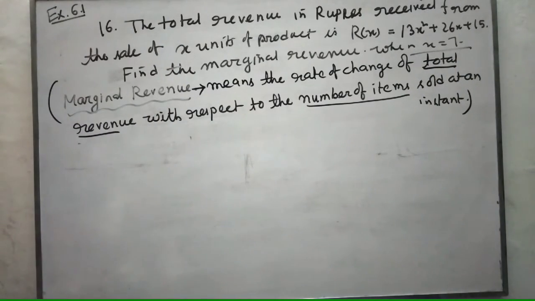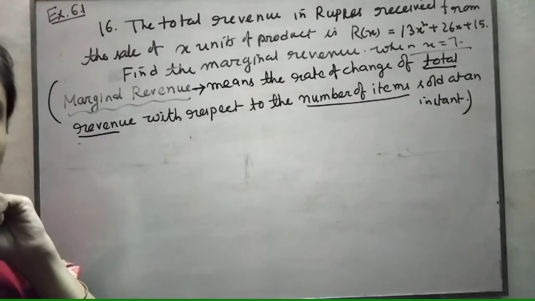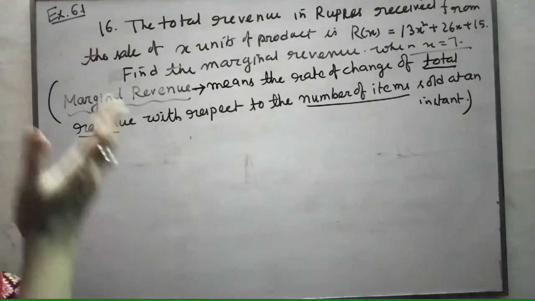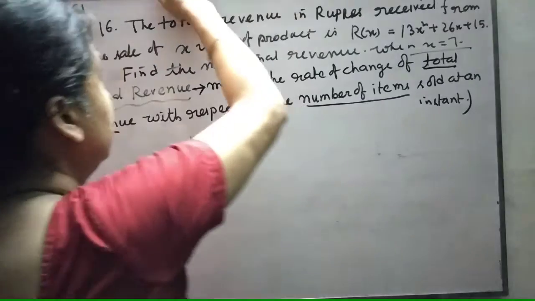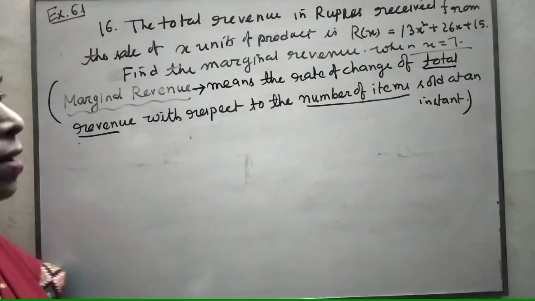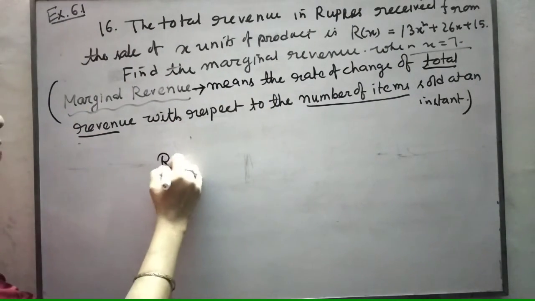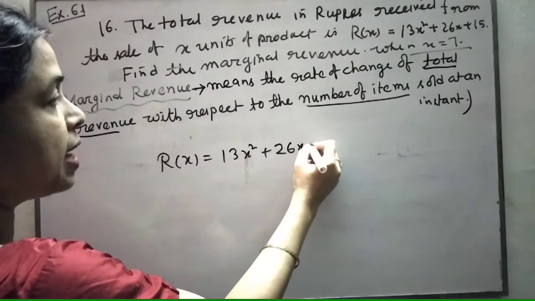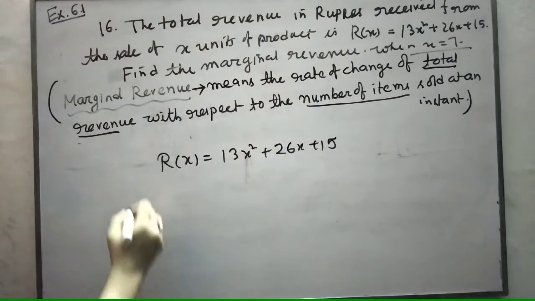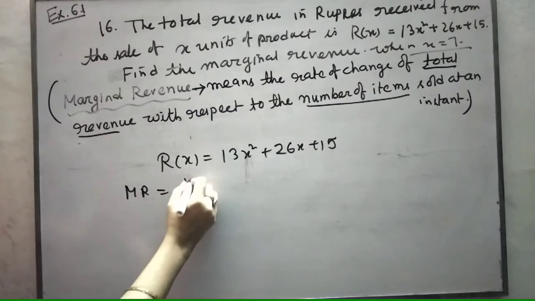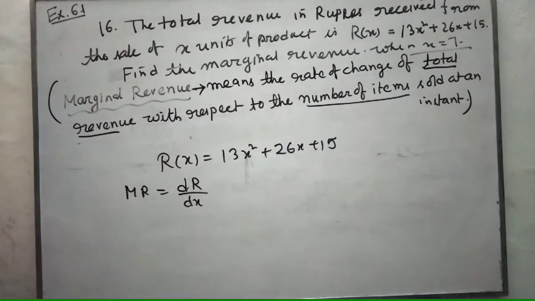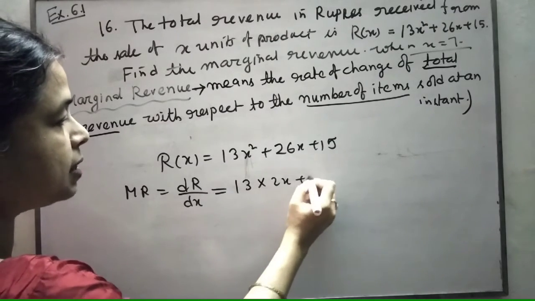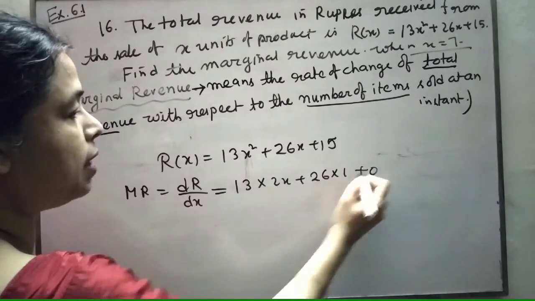As you see here, the meaning of marginal revenue is the rate of change of total revenue with respect to the number of items. Your revenue is given as R(x) equal to 13x² plus 26x plus 15. You have to calculate the marginal revenue, MR, that is dR/dx. Taking the derivative with respect to x, we get 13 times 2x plus 26 times 1 plus 0.